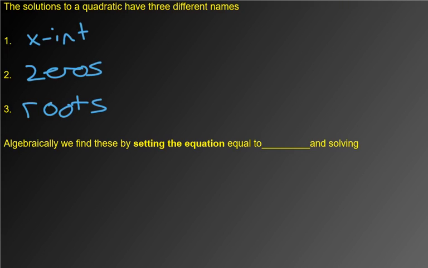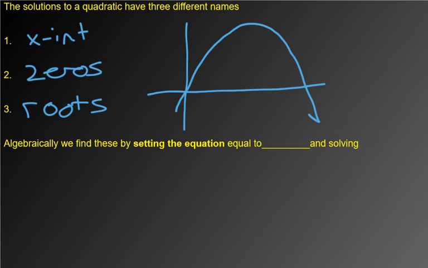The reason they end up being so useful is that a lot of real world problems, you might have a quadratic that represents some projectile motion like this. And this just represents the ground, like elevation of 0, right? And maybe your rocket or whatever the thing is goes up to like 1,000 meters or something.